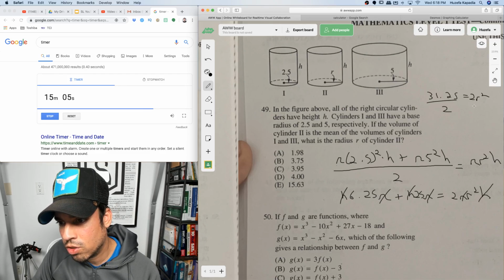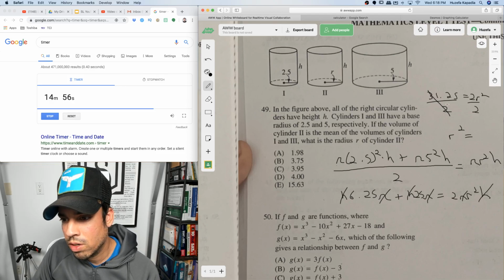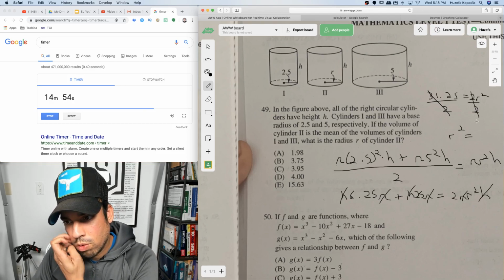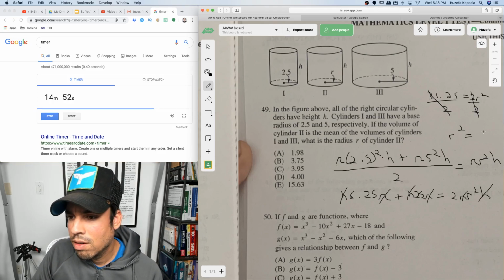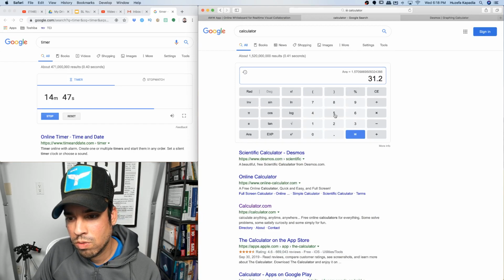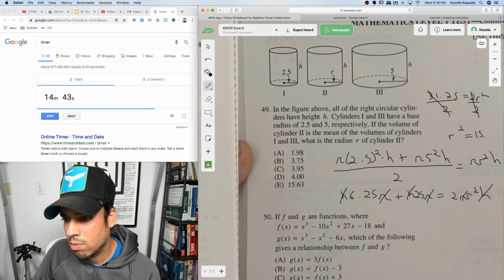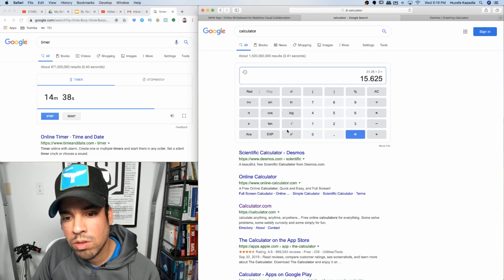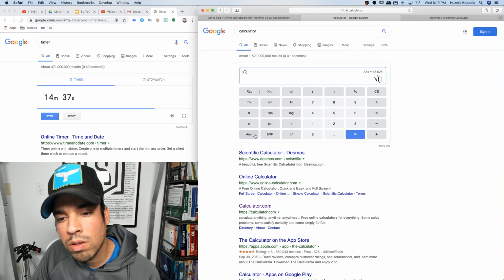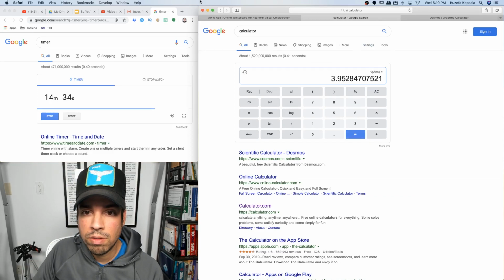Divide both sides by 2. R squared equals... Oh, why did I cancel that 2 out? Whatever. These 2's cancel out. 31.25 divided by that is... whatever that is. Hold on. 15.625. Square root of 15.625 is 3.95.